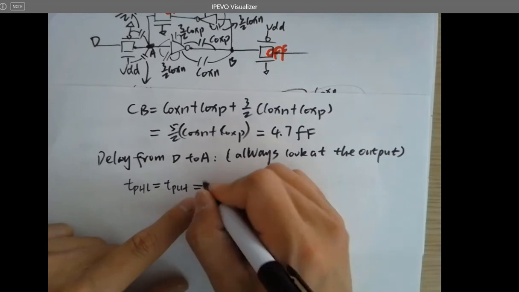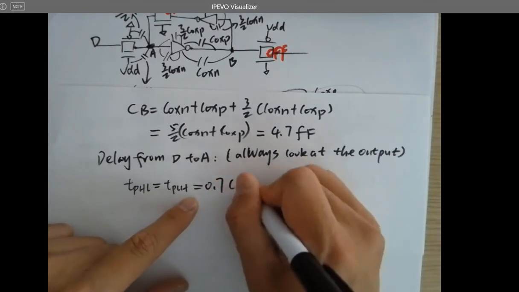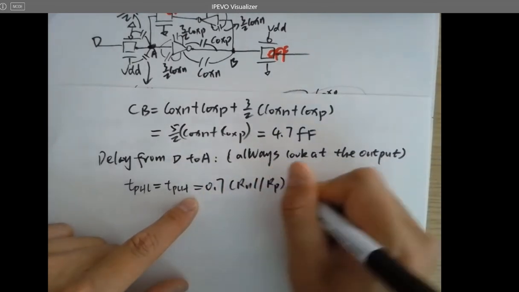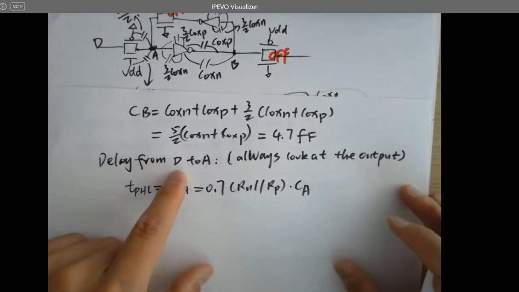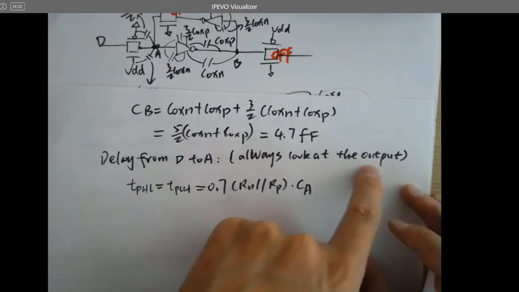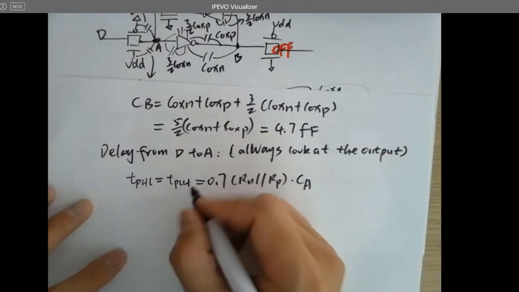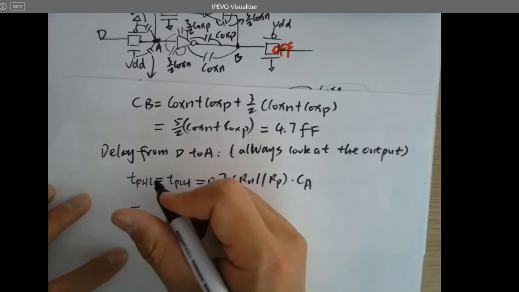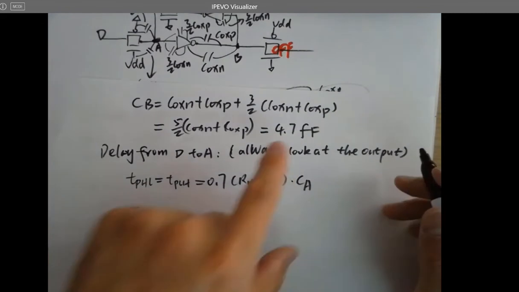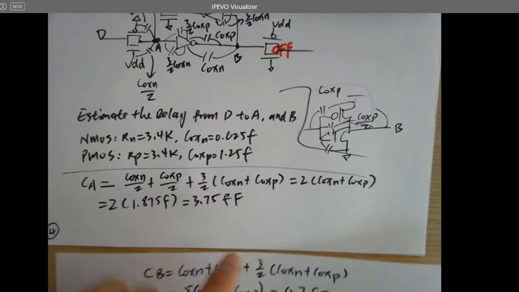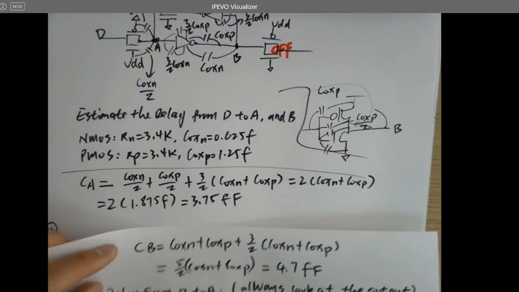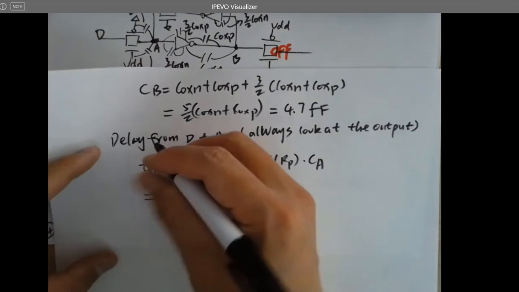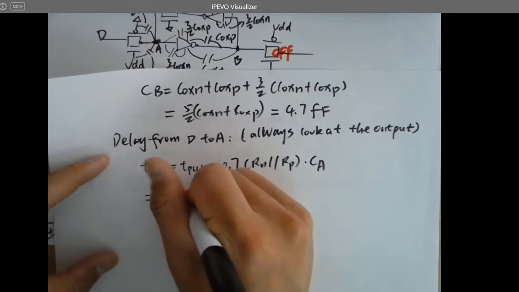And which is 0.7 Rn in parallel with Rp times Ca, right? Because it's from D to A. So always look at A. Let's just do the calculation. Ca is already calculated. Just plug in all the numbers, and you're getting somewhere around 4.5 picoseconds.